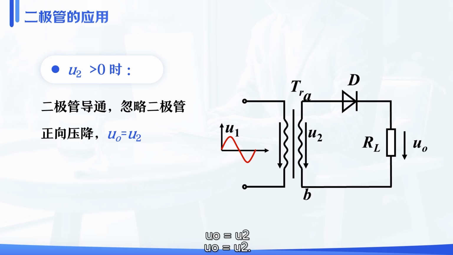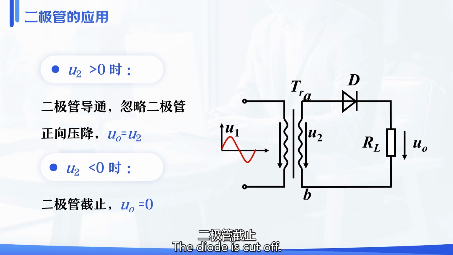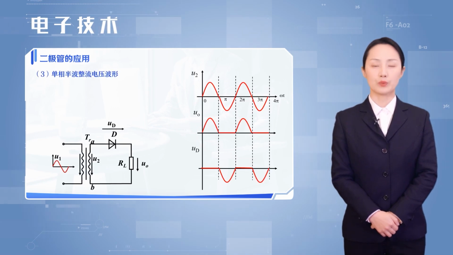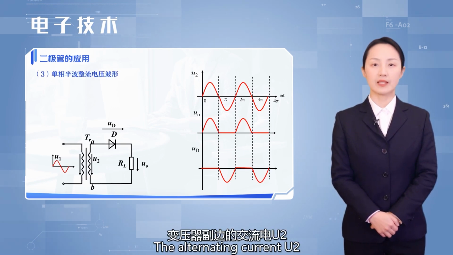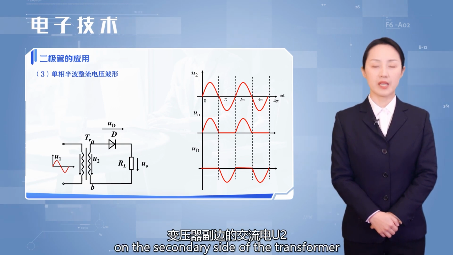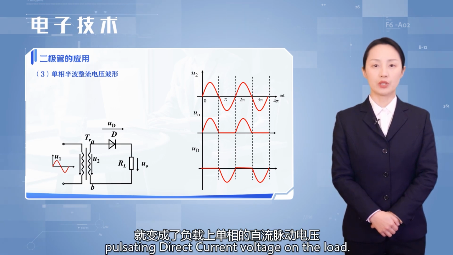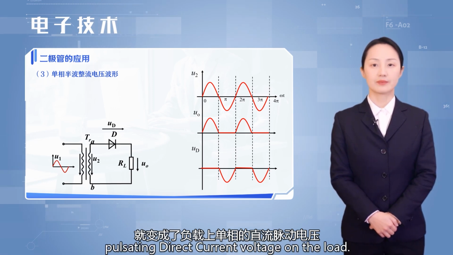U0 equals U2. When U2 is less than 0, the diode is cut off. U0 equals 0. Let's look at this diagram. The alternating current U2 on the secondary side of the transformer becomes a single-phase pulsating direct current voltage on the load.